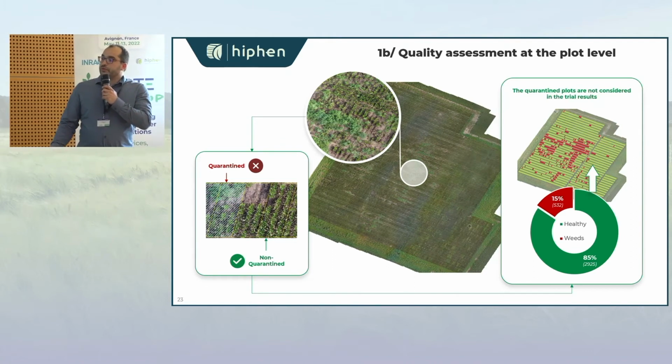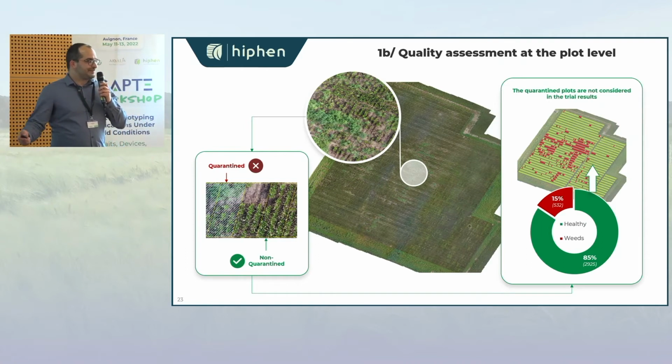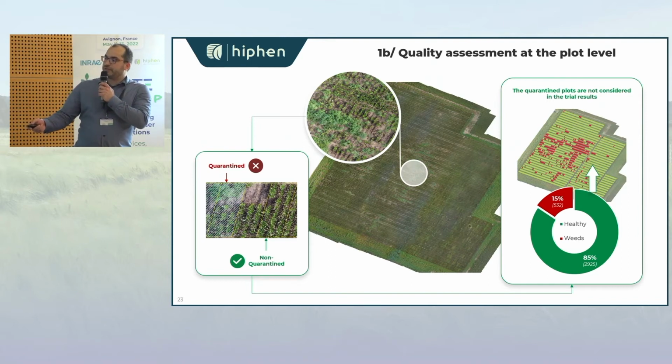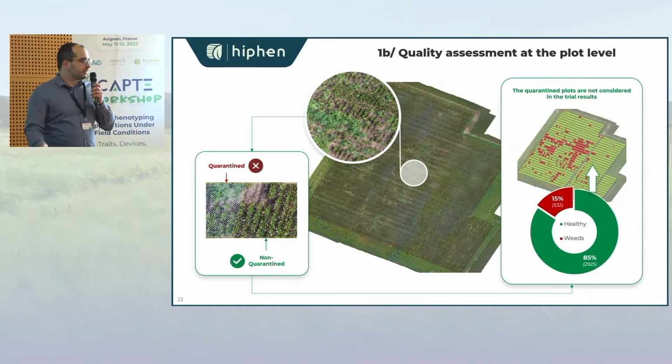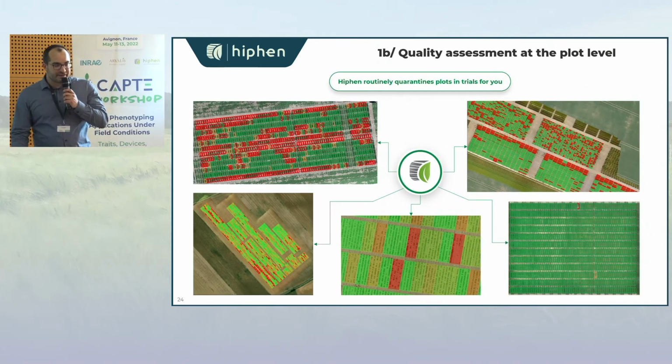And actually what we realized is that, yes, it's 532 plots that you just don't use, but you still have a majority, 85% of them, where weeds were probably not that much in competition with your crops. And actually, we do that massively with our customers.